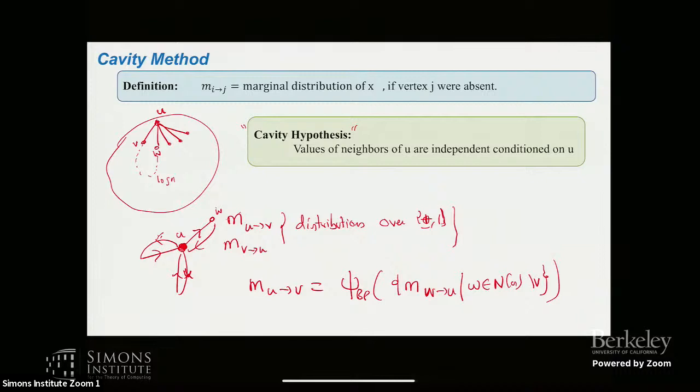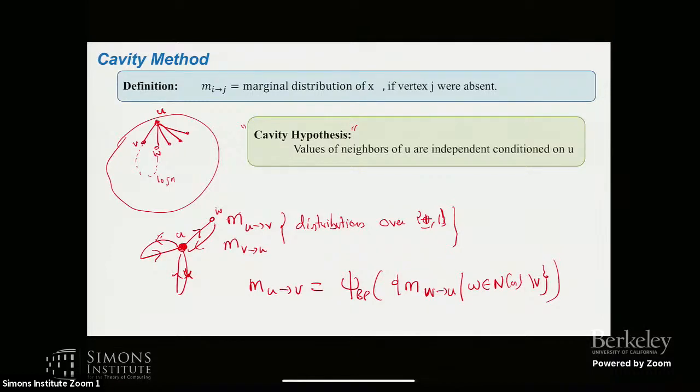It's not the same function, it depends on the degree. In general, it will depend on the weights and things like that. Let's say in the stochastic block model, it depends just on the degree of U, but it's the same function for every vertex of the same degree.